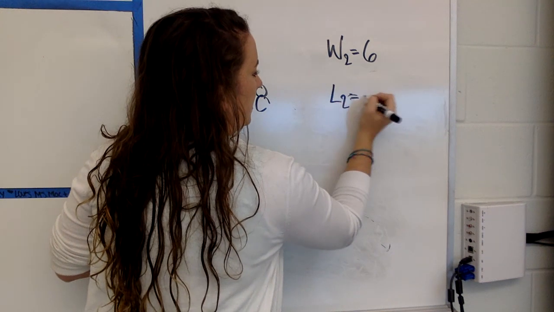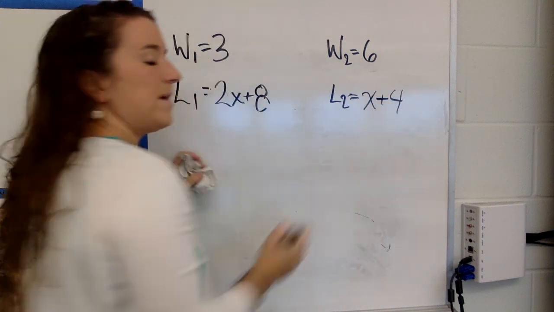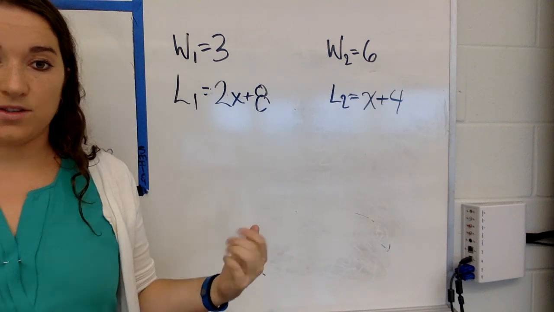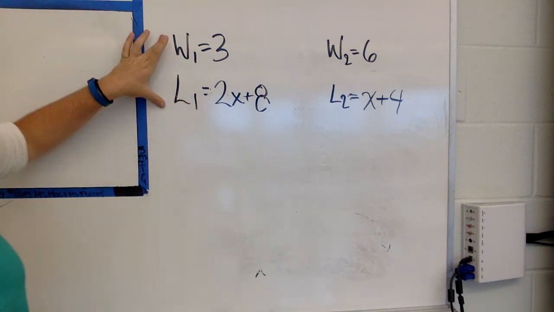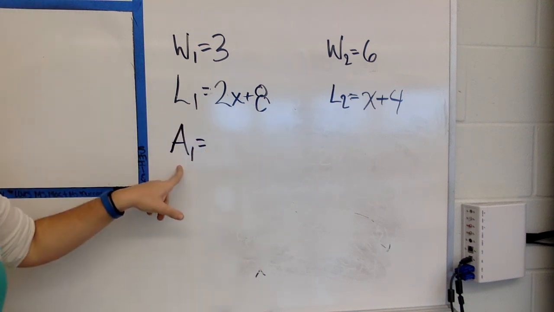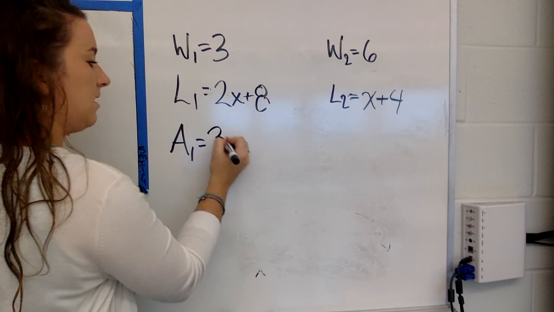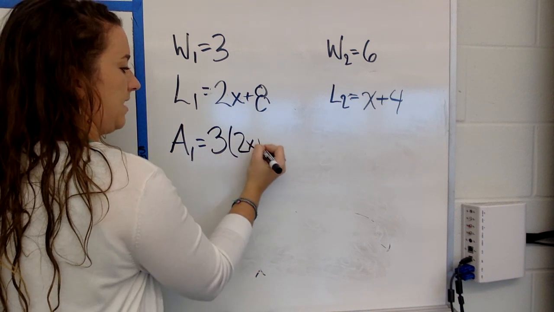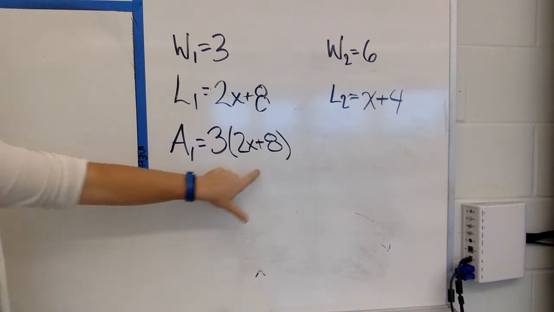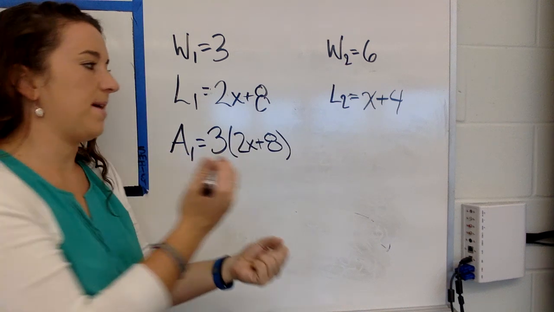Now this is a little bit easier. The problem is telling us that the area of the two rectangles are the same. So how can I write the area of this rectangle? So the area of rectangle 1 equals 3 times 2x plus 8. Because we're doing the length times the width or the width times the length. It's the same thing whether you flip it around.